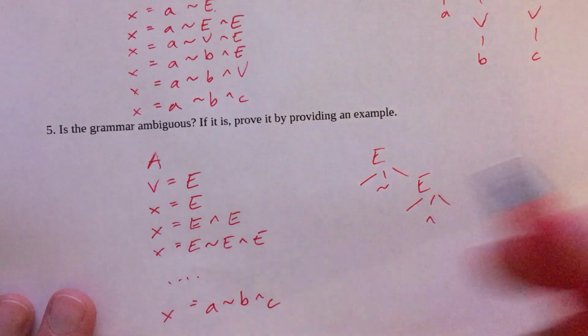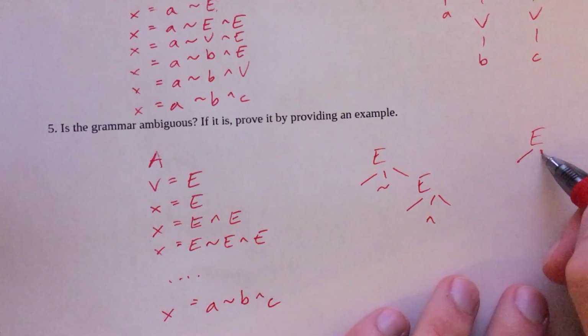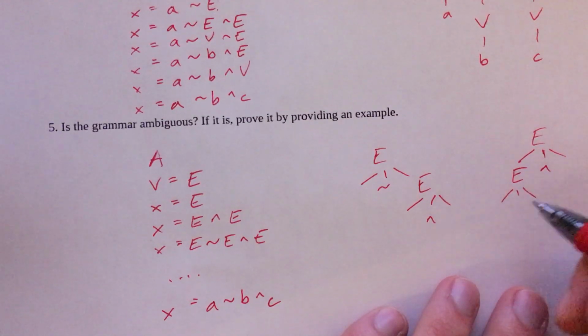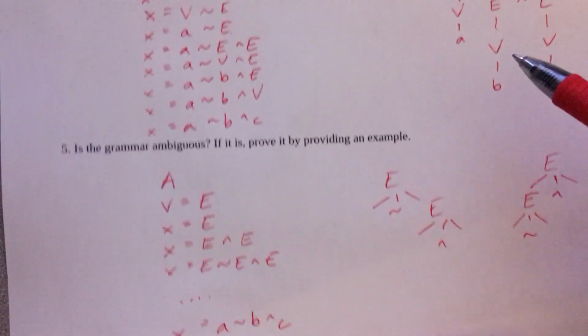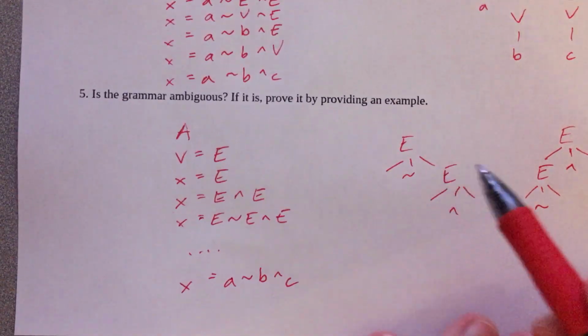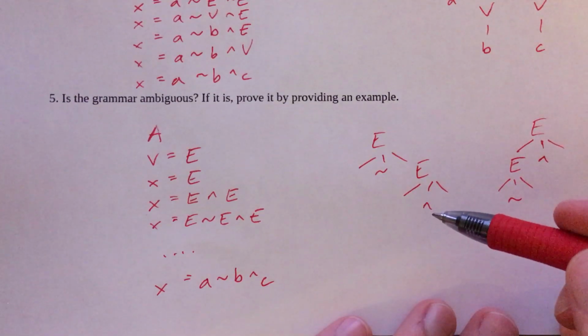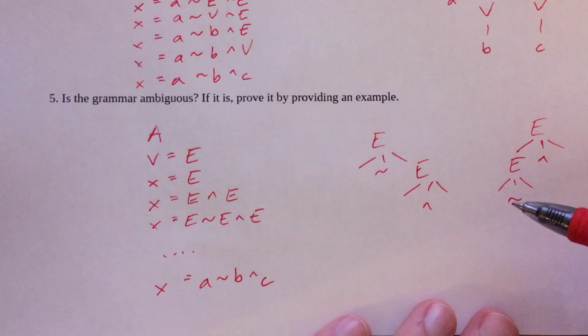Whereas here, what we get is a structure that basically looks like this. And so these are different structures, and they mean different things because remember these parse trees are evaluated from the bottom up. And so this means do the caret first, this means do the tilde first.